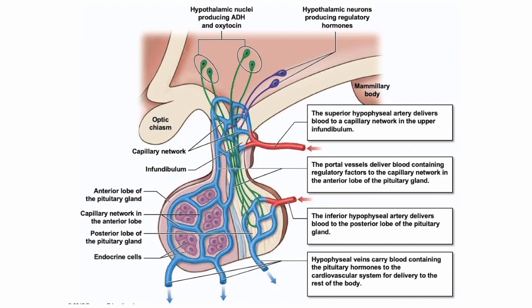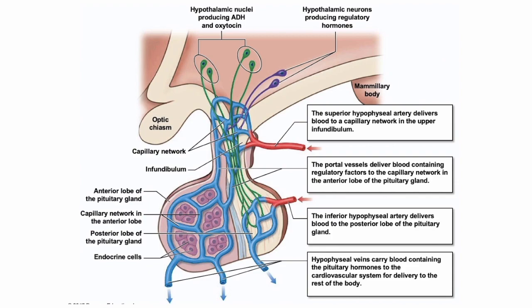These innervate the superior part of the infundibulum here, and the blood will then take the releasing hormones all the way to the anterior pituitary, where we have more endocrine cells waiting to receive those releasing hormones and then to make their own hormones and send them out to the body. So that's how the anterior is different than the posterior.